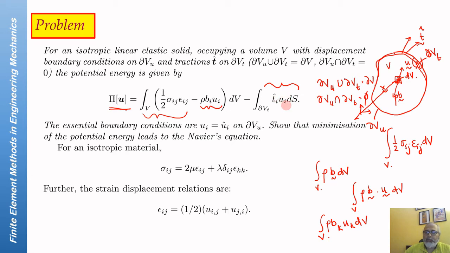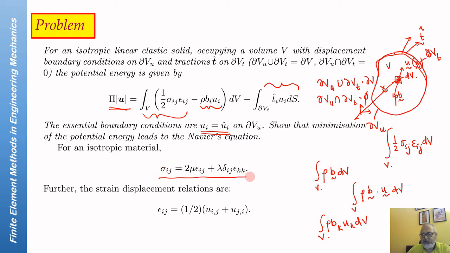On top of that, on delta Vu, we have these essential boundary conditions also applied. So when we choose delta u, we'll choose it such that on delta Vu, delta ui are 0. We'll choose an isotropic material.